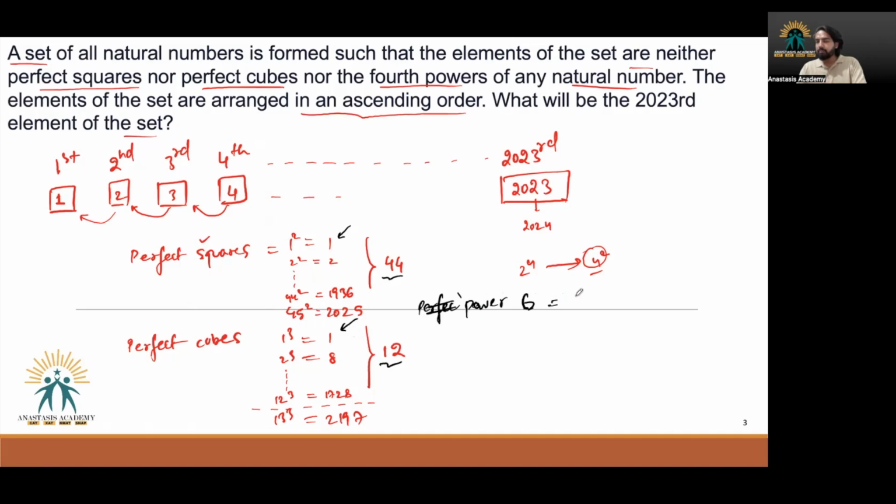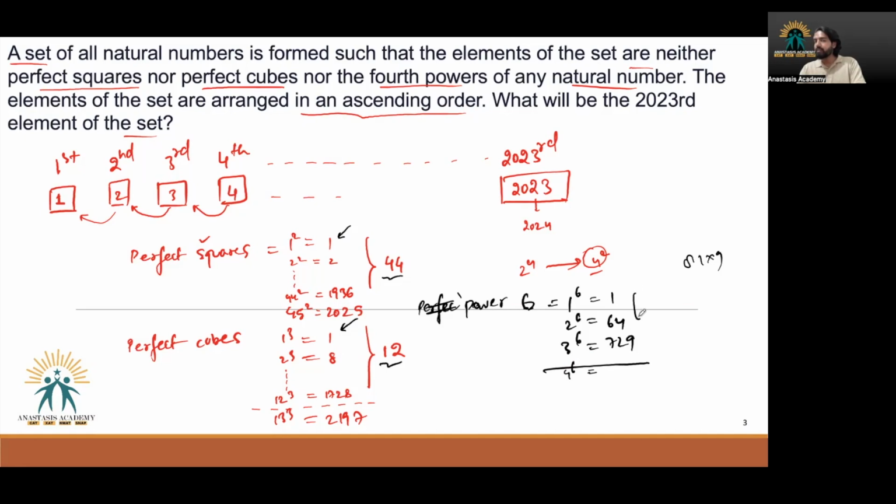So how many such numbers are there till 2023? 1 raised to the power 6 is 1. 2 raised to the power 6: 2 to the power 5 is 32, 6 is 64. And 3 raised to the power 6 is 81 into 9, which is 729. If I write 4 raised to the power 6, it becomes 4096.